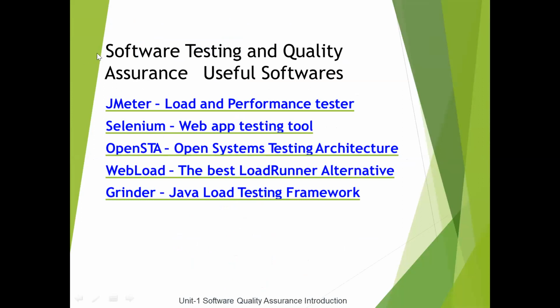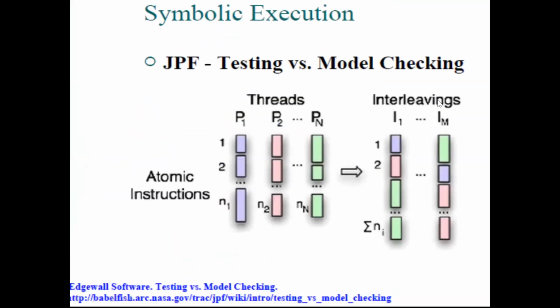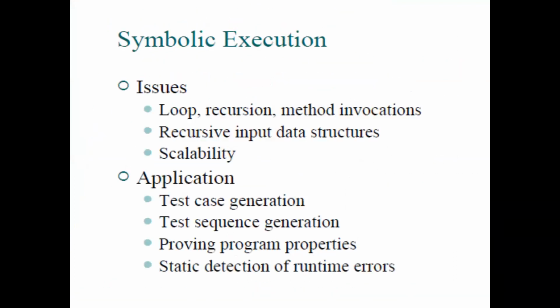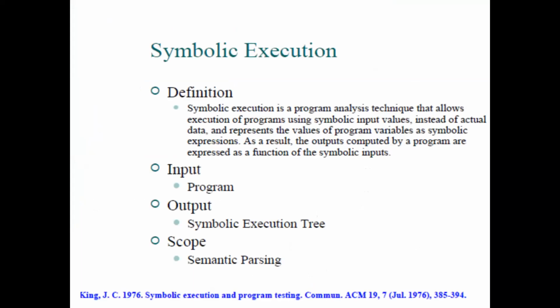As we discussed, these are the topics you should remember with respect to symbolic evaluation: how we are performing symbolic evaluation, how it takes all the possible combinations. Symbolic execution is a program analysis technique that allows execution of a program using symbolic input values.